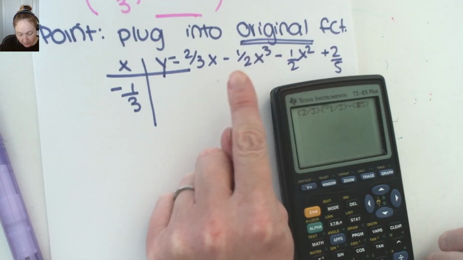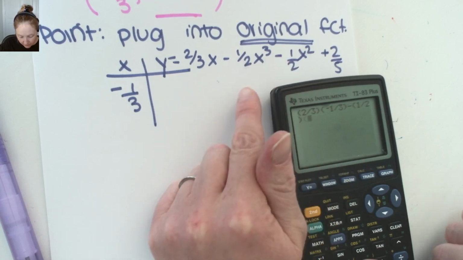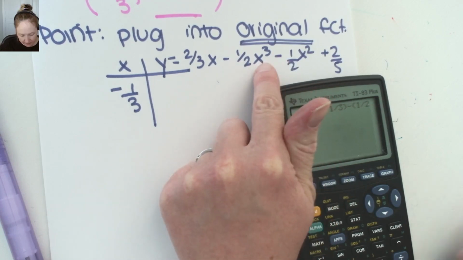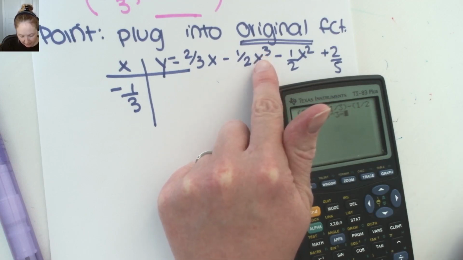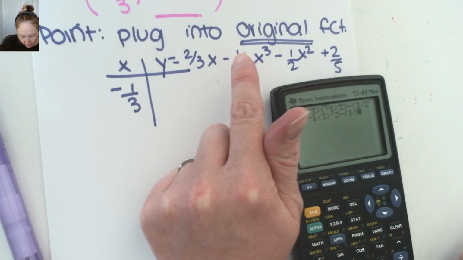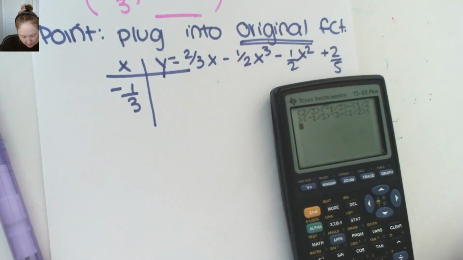So I'm going to put parentheses around that whole fraction, 1 divided by 2, and then parentheses, and for that x, I'm going to plug in the negative 1 divided by 3, raise it to the third, minus, parentheses around the fraction, parentheses around the x of negative 1/3 plugged in squared, plus parentheses around the 2/5.